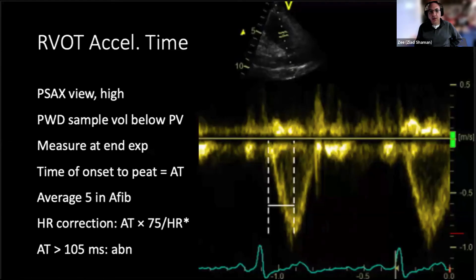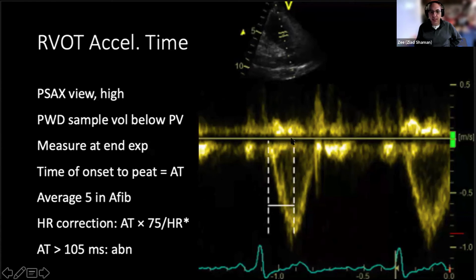Again, the RVOT acceleration time, you go at the parasternal short axis very high, and then you measure the acceleration time from the right ventricle of the flow going through the pulmonary artery. The jet is going to be going away from you. You put pulse wave Doppler in this situation because you want the measurement immediately underneath the valve.